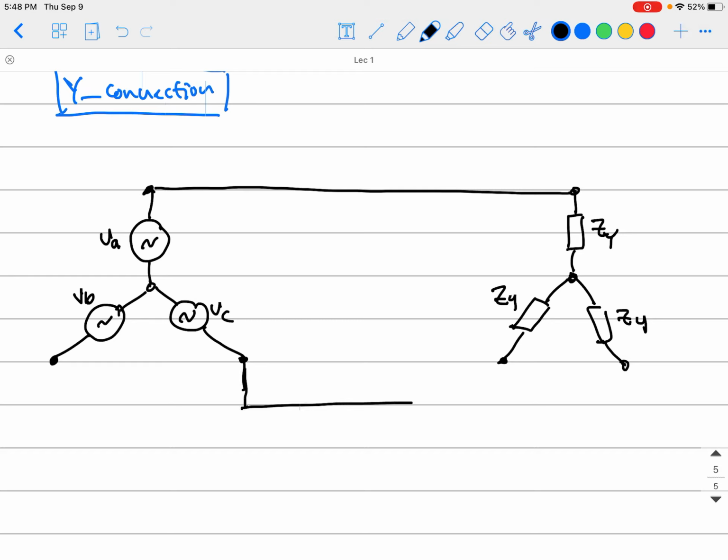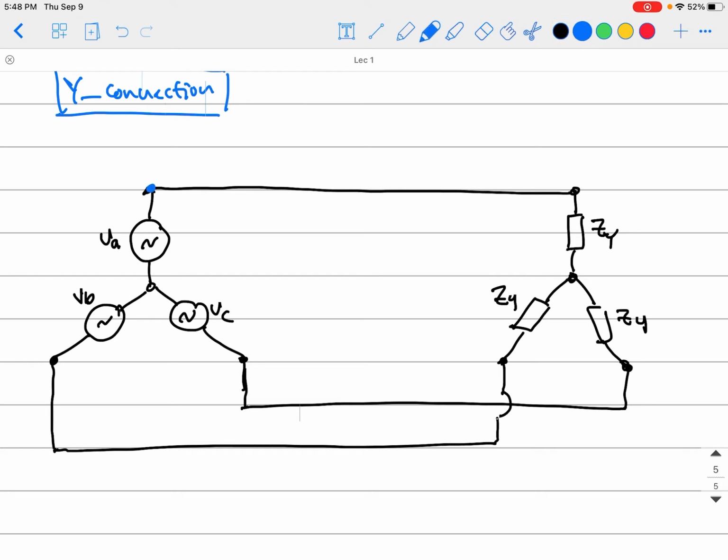from this one to this, and from this one to this. Okay guys, I'll be calling these points A, C, and B, and here the same thing, but let's call these A dash, C dash, and B dash.